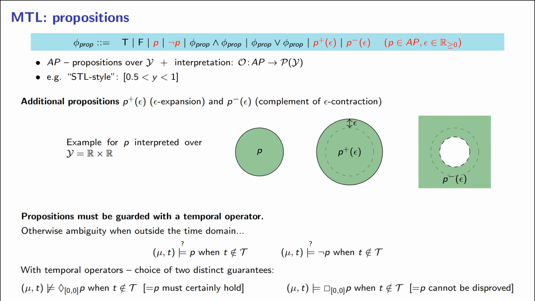So we can neatly solve this by ensuring with the syntax that propositions are guarded by temporal operators. Then when we write a formula, it's unambiguous. So we precisely declare what property we ask for. So for instance, with until, we ask whether P absolutely certainly holds at current time point. And with release or box, we ask whether there is no evidence that P doesn't hold.